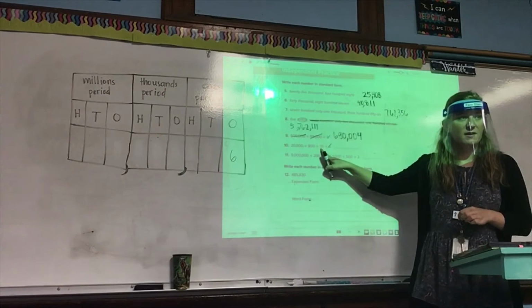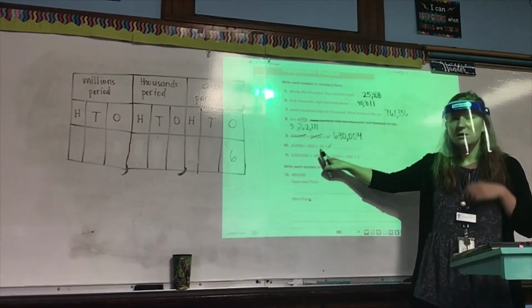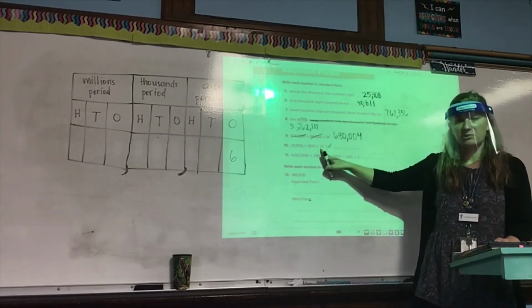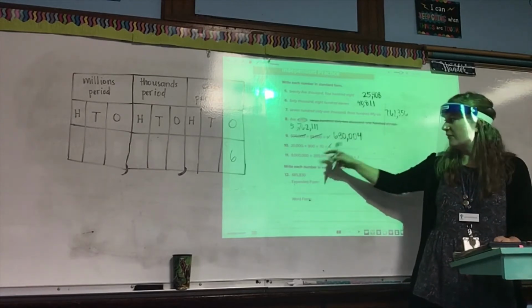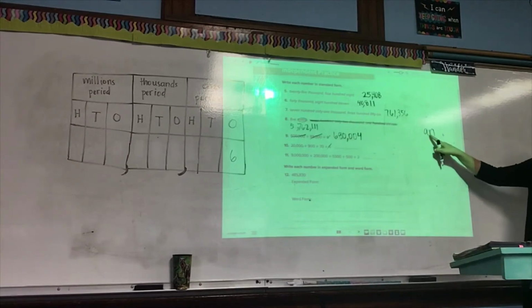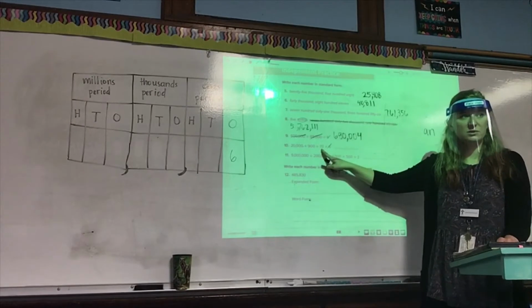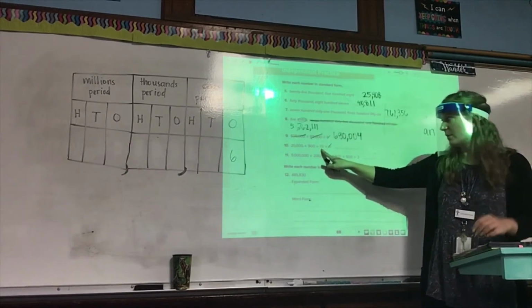Now let's look at the next one. What number do we have? 70. How many digits are there? Look at it. It's like a word. If we have the word "and," that's a 2-letter word. Well, here we have 70, which is a 2-digit number.